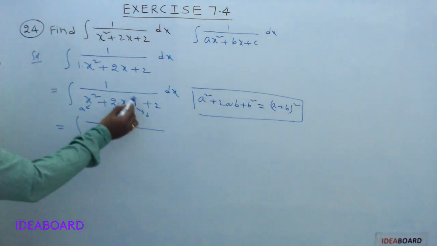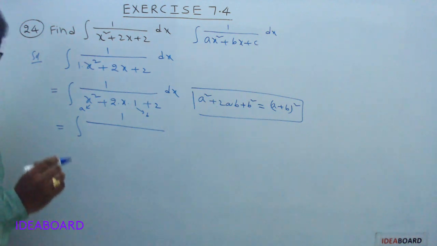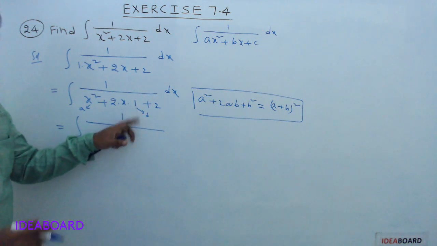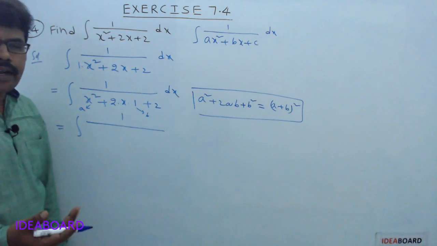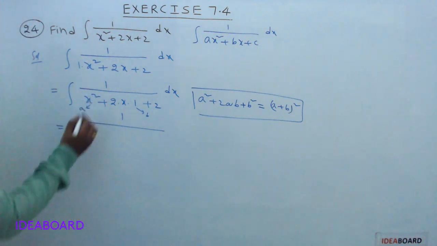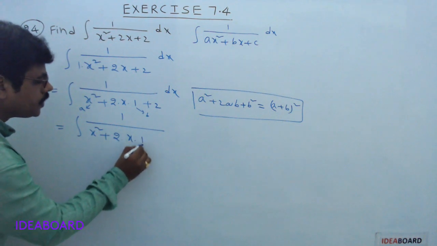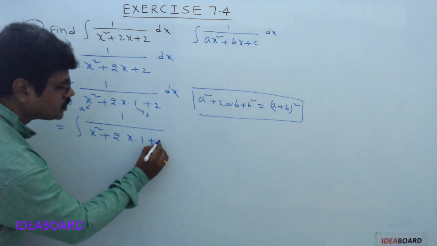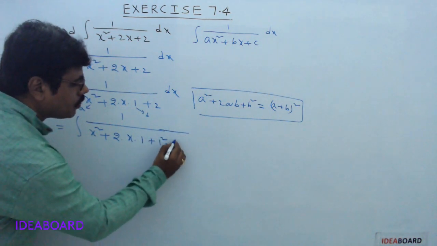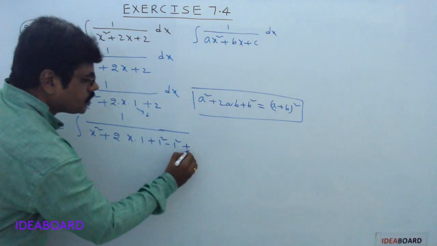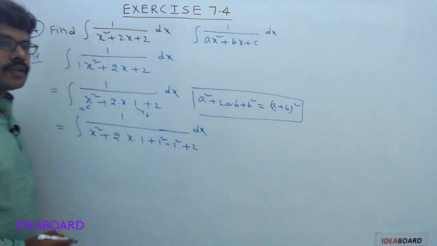Here to make this expression as a perfect square, we need 1 square term. So adding and subtracting with the 1 square. This is x square plus 2 into x into 1 plus 1 square minus 1 square plus 2 dx.